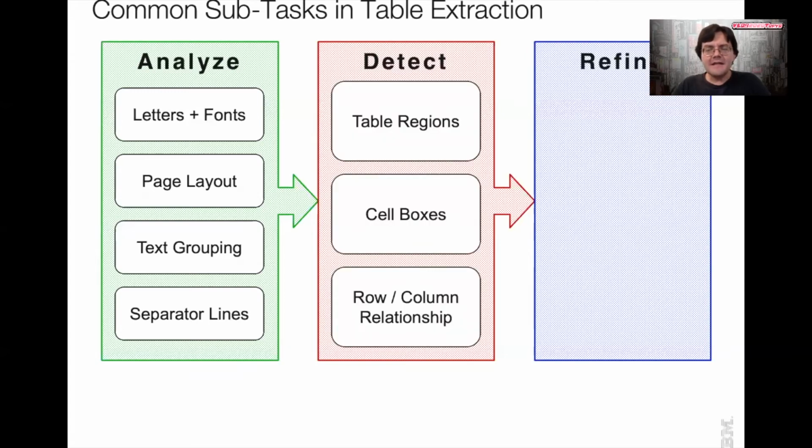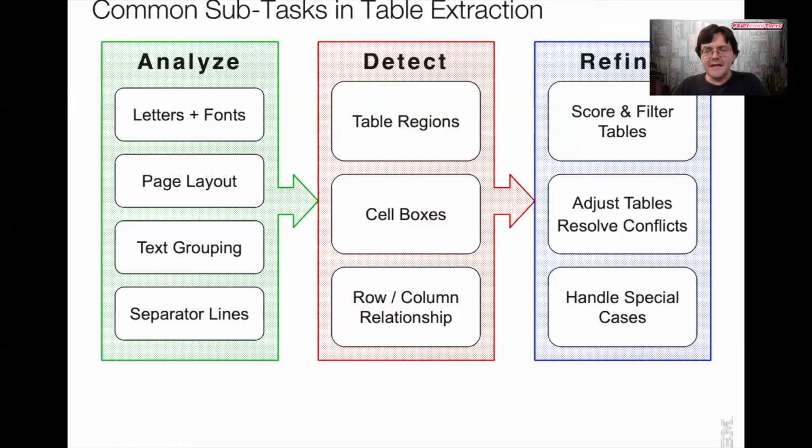In the detect subset, the common tasks are table region detection, cell detection, grouping text into cell units, and then identifying rows and columns, the relationship between cells inside each table.